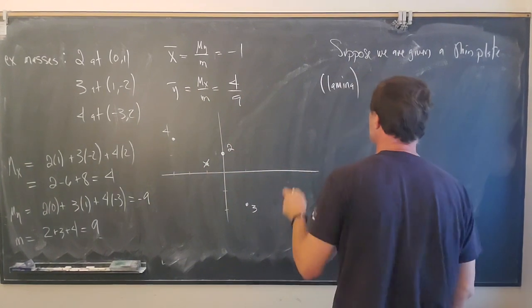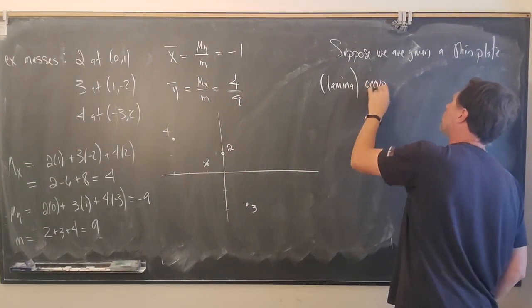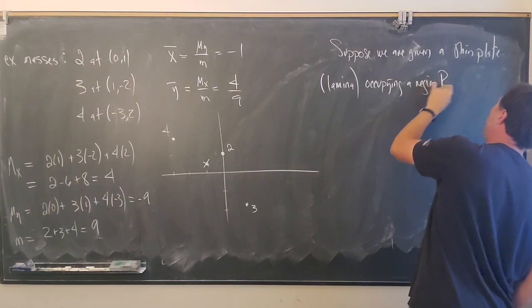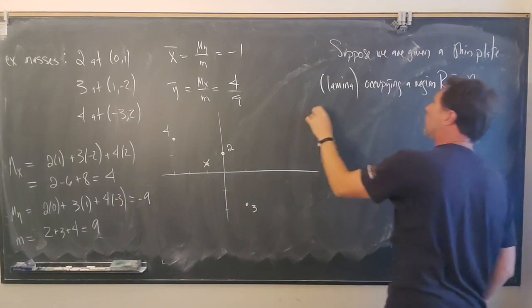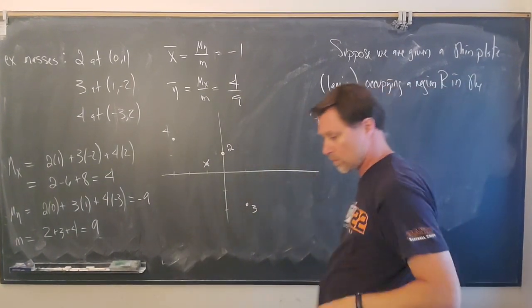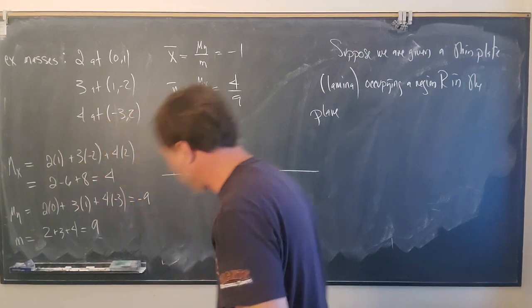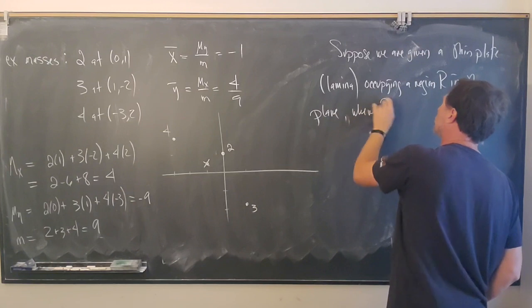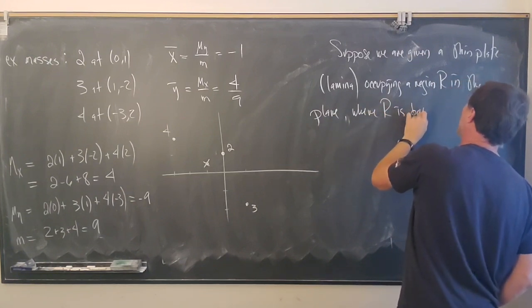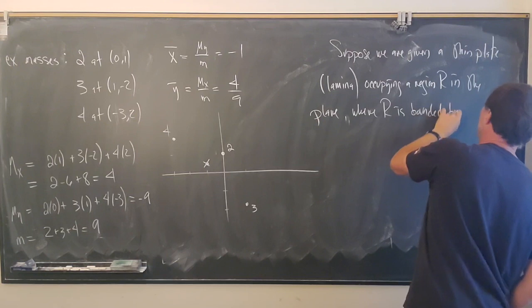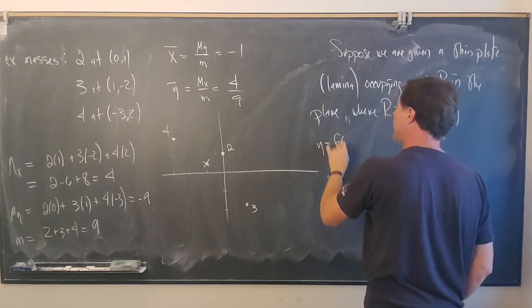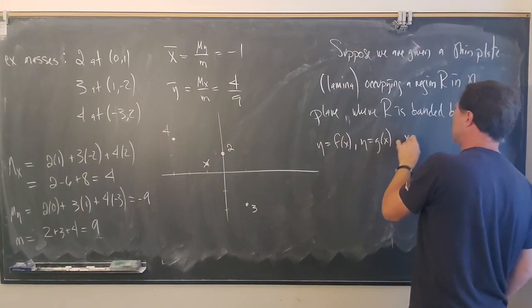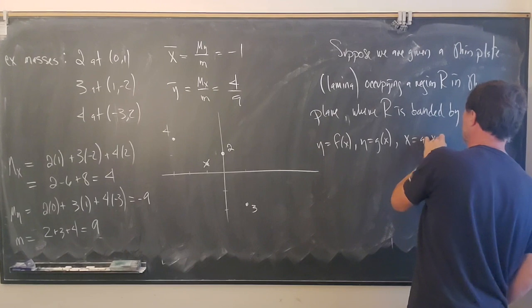It occupies this region, so occupying a region R in the plane, where R is bounded by the graph y equals f of x, y equals g of x, and then the lines x equals a, and x equals b.